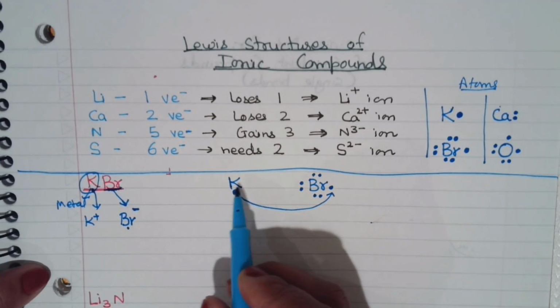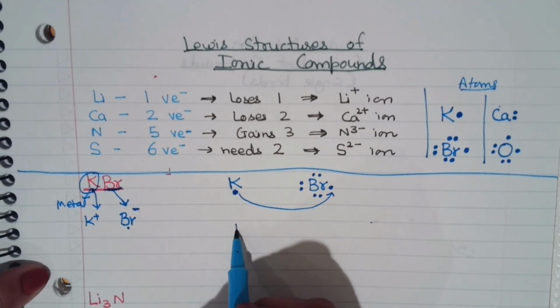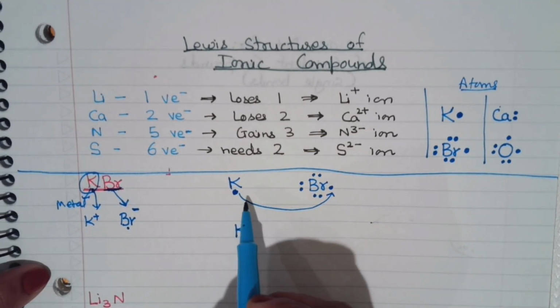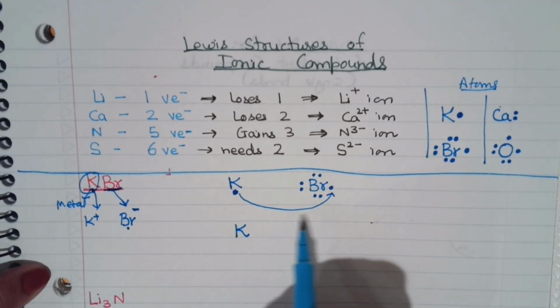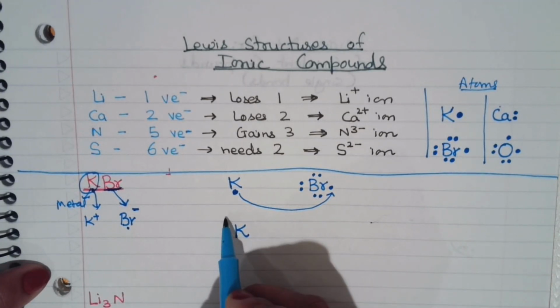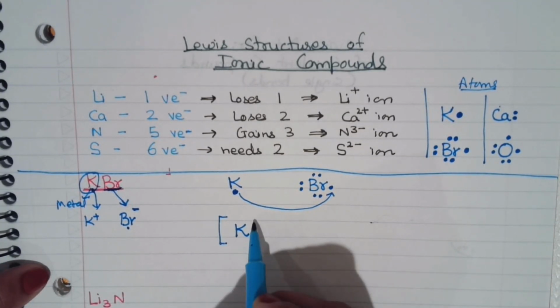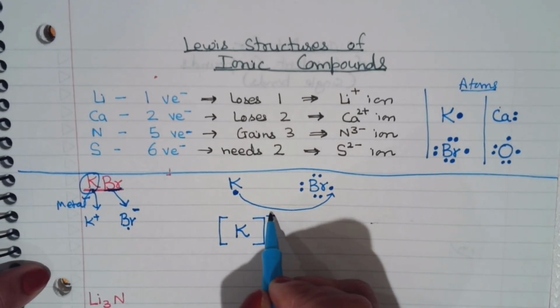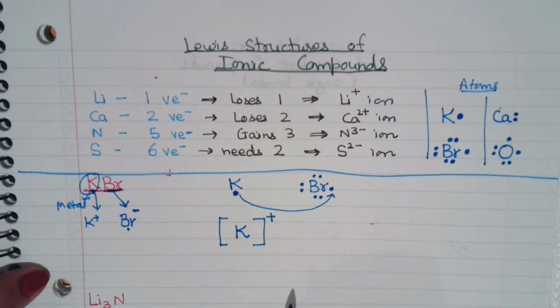Once the potassium atom has lost its electron, it does not have any valence electrons. It had one and it gave it to the bromine. So we'll just put potassium in square brackets and then write the charge on the top of the square bracket.